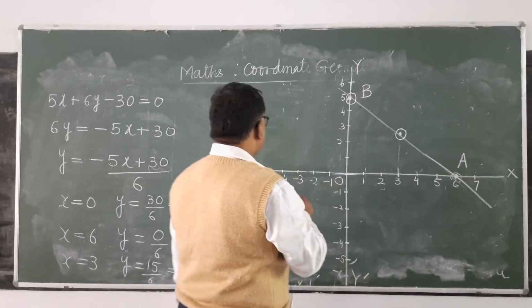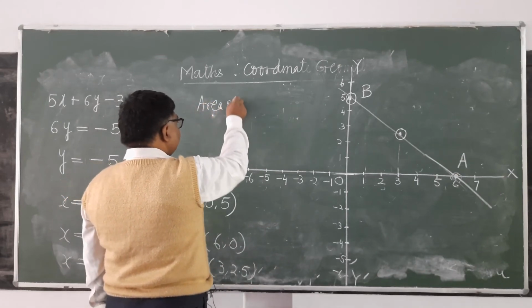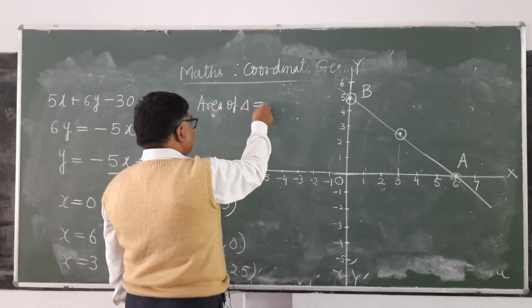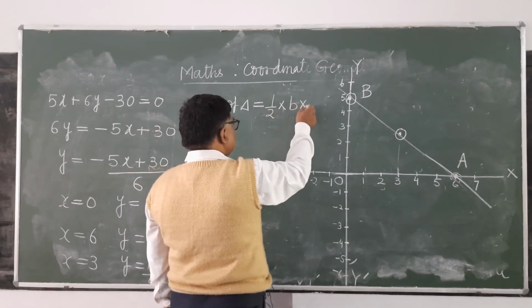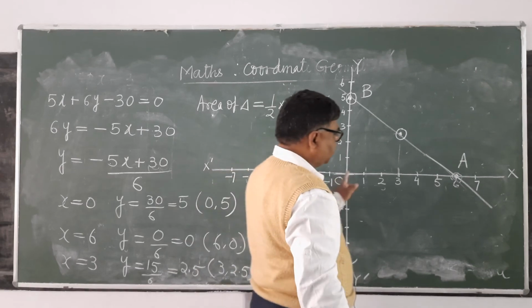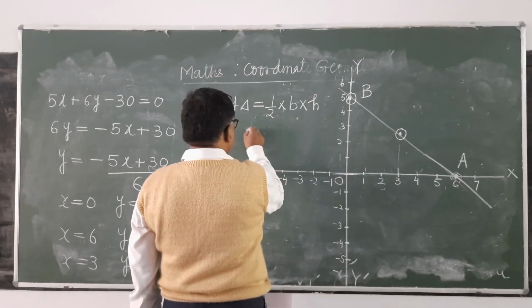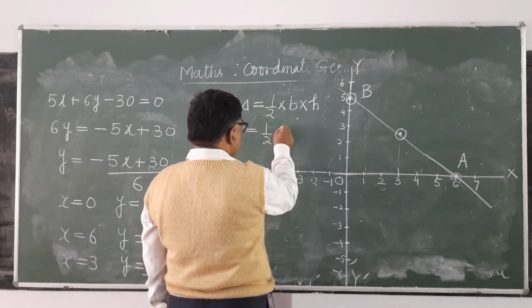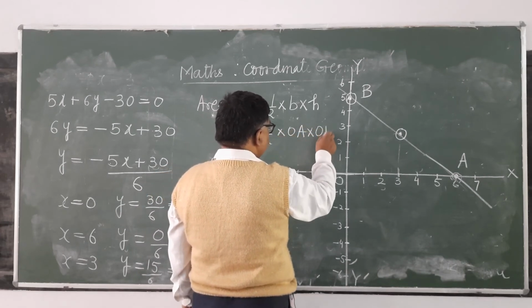What is the area of triangle? What is the formula? 1 upon 2 base into height. What is base here? It is OA. What is height here? OB. So it will be 1 upon 2 OA into OB.